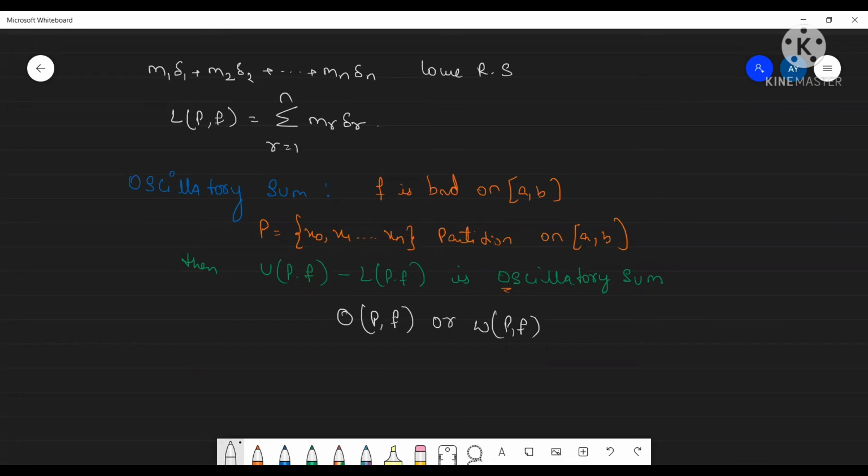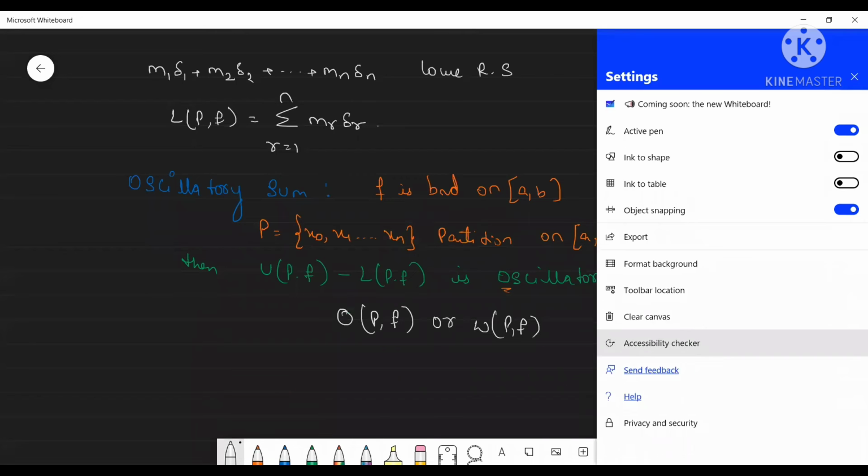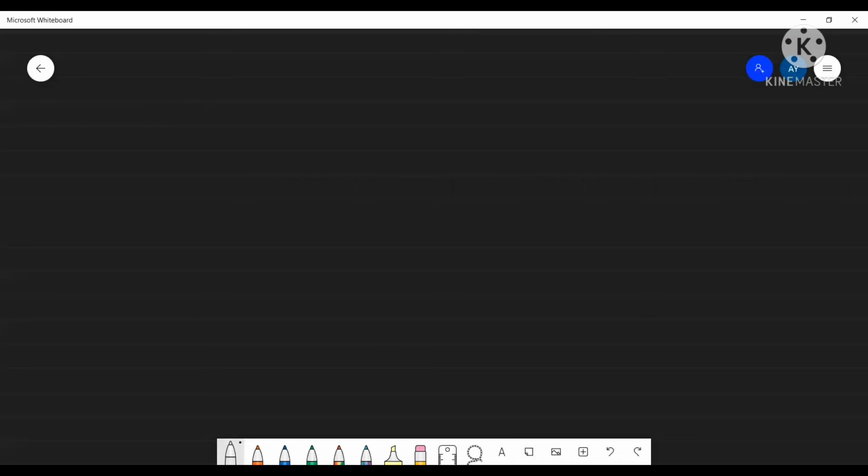Now we'll look into one problem. Then you'll have a clear idea what the lower sum, upper Riemann sum, etc. are. They gave one interval, I equals 0, 4, and then they asked us to calculate norm P. The first question is P1 equals 0, 1, 2, 4.